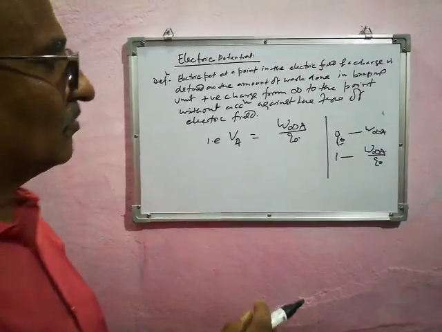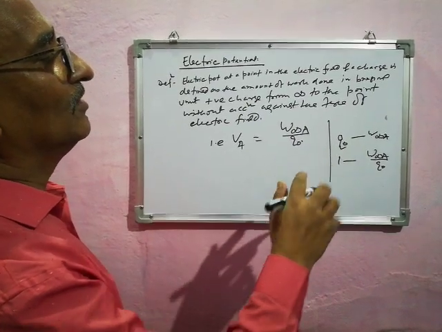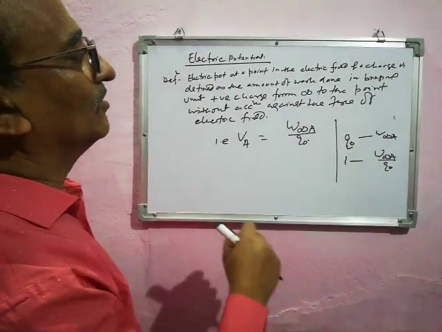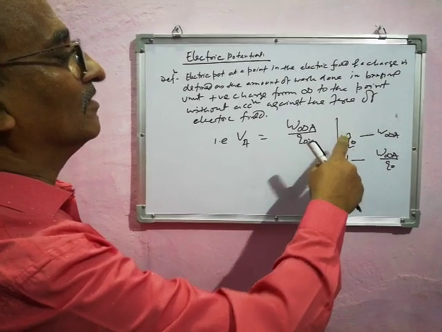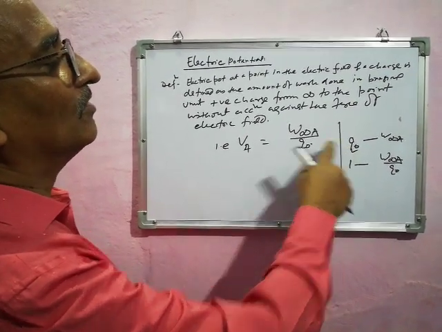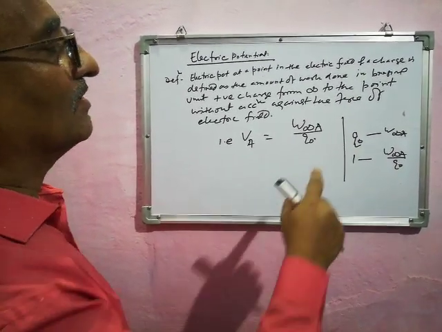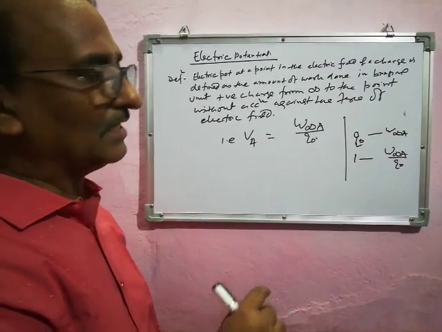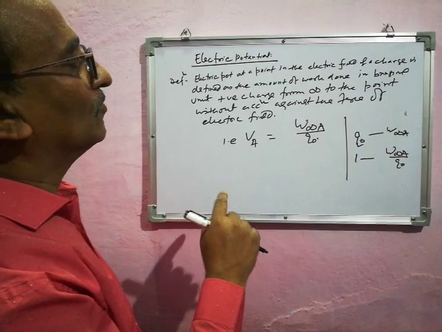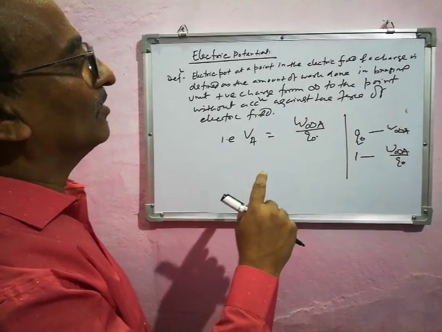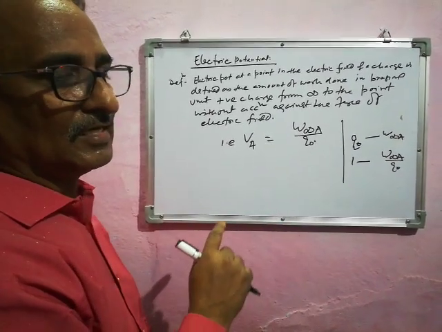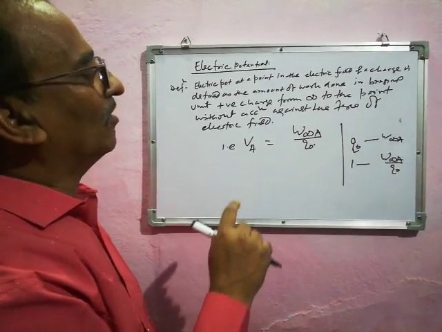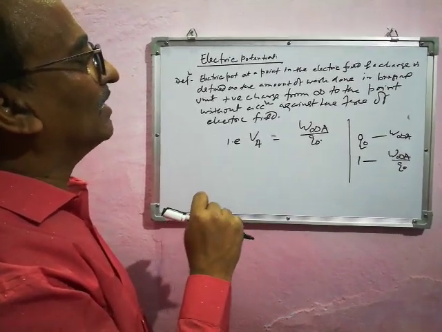Instead of bringing a unit positive charge, we first bring the test charge Q naught, because it is a very small charge and does not influence the electric field of the source charge.